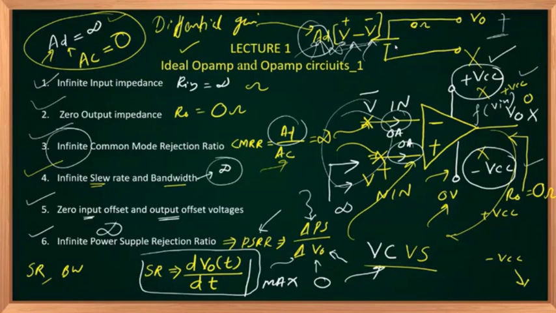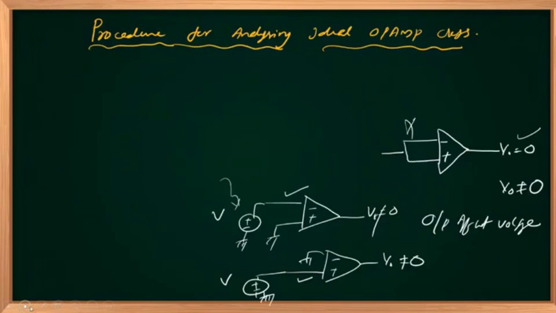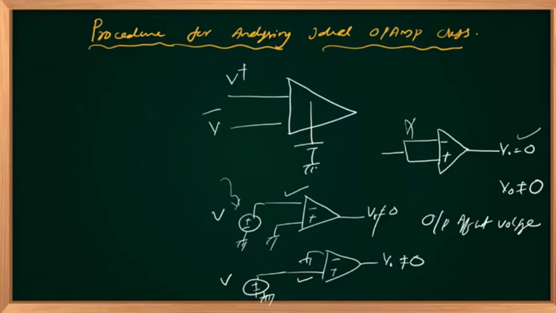Okay, these are clear properties of an ideal op amp and how to model the op amp. If you are modeling your op amp, you can draw it decently like this. You'll have V plus here, V minus here, and output is nothing but a voltage source, right? This is my output. Now the source value is nothing but differential gain multiplied by how much? Positive input V plus minus negative input V minus.